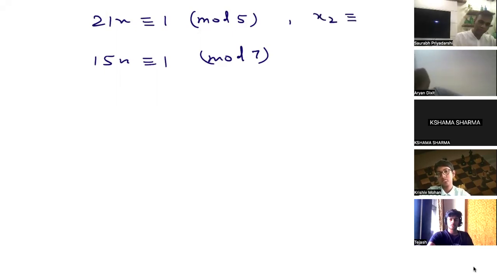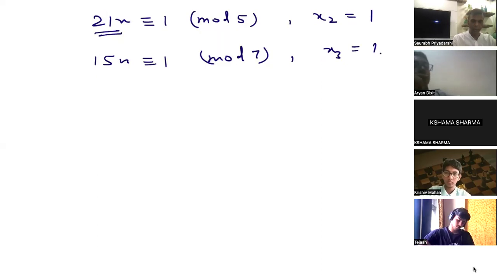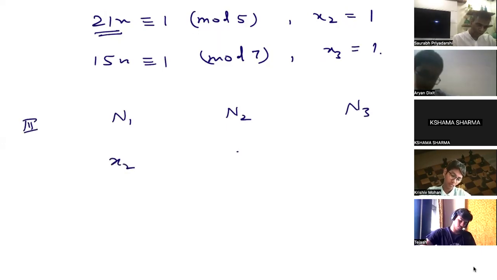For the second case, I'm dividing 21x by 5, so I'm getting x2 as 1. And for the third case, x3 is again 1. So going for step 3: n1, n2, n3, x1, x2, x3.